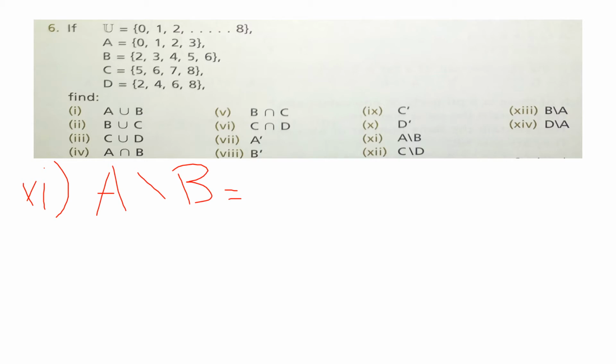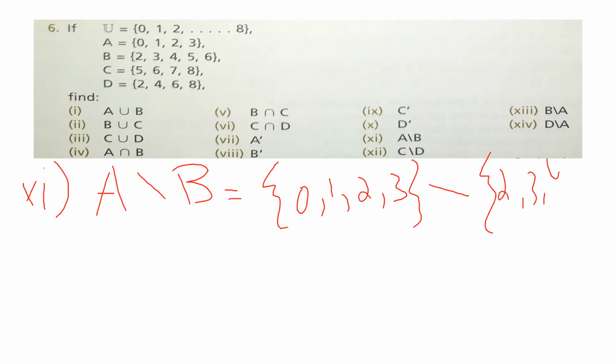So you have to take the difference of A and B. A is 0, 1, 2, 3, and B is 2, 3, 4, 5 and 6. So you have to write only those elements of set A which are not in set B. That is 0, 1. That's it. So this is A minus B.